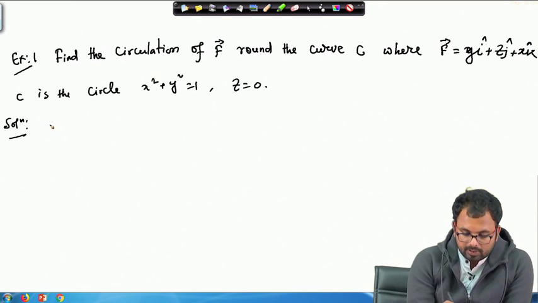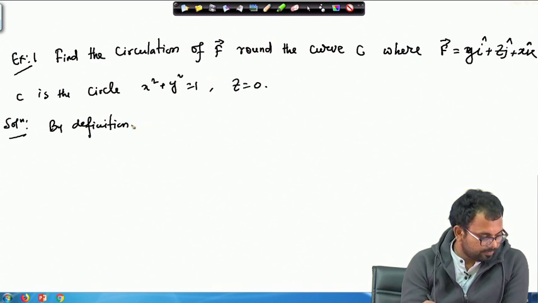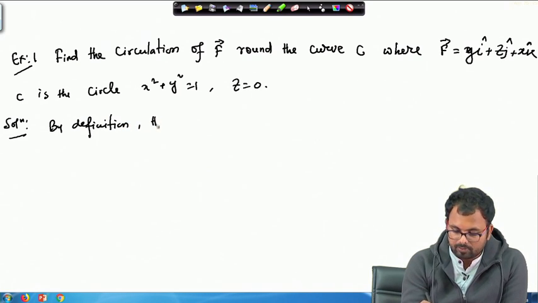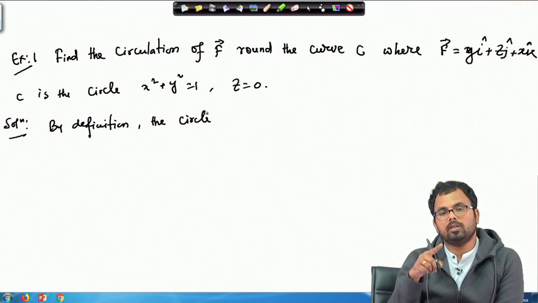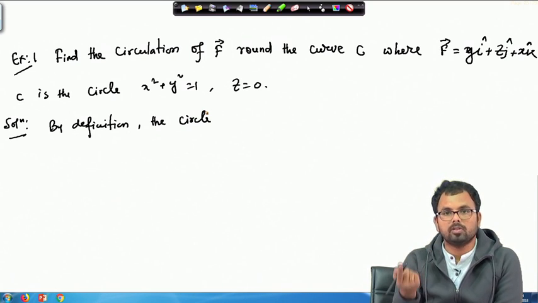So by definition of circulation, since it is a circle which is a simple closed curve, any line integral along that simple closed curve will be circulation.